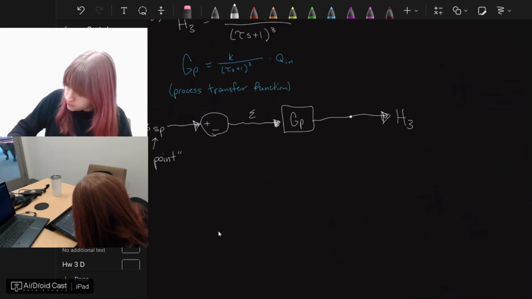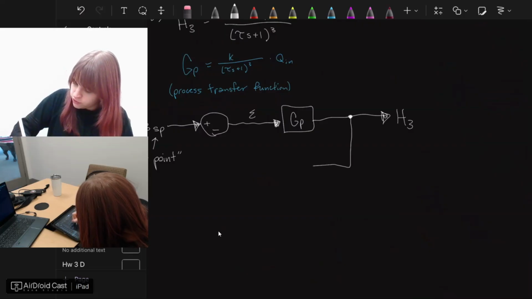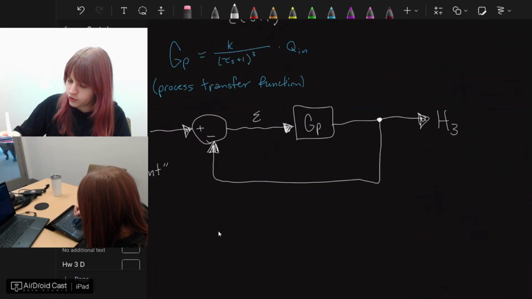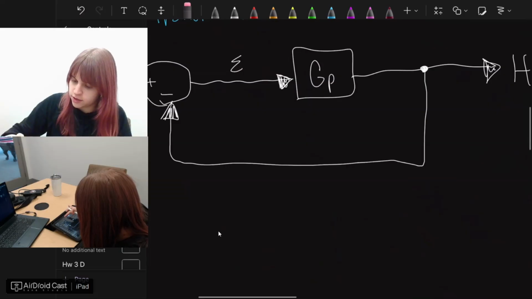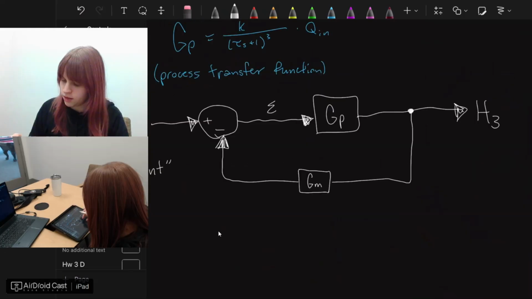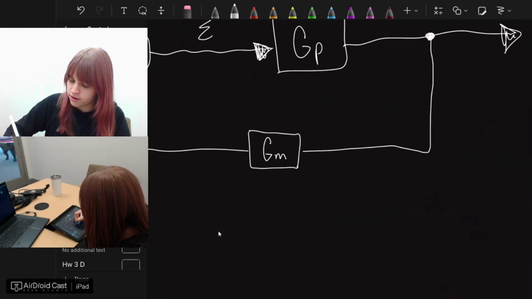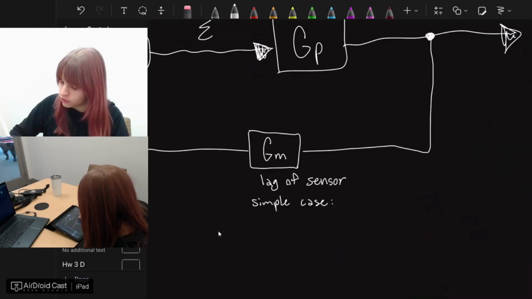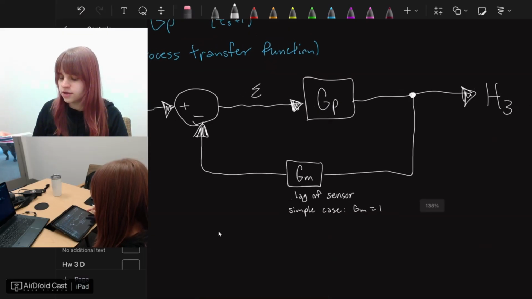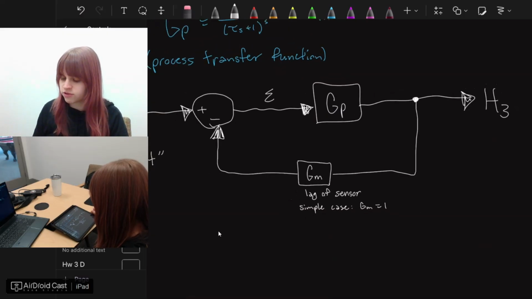We want to keep in mind we are doing closed loop control, so we have a feedback back to the start. Technically we should put in a GM, and basically this represents the lag of the sensor. So for a simple case, we're going to say that there's no lag at all and that this is equal to 1. So we don't really need to take that into account. But in the real world, your sensor is going to have some lag to it.